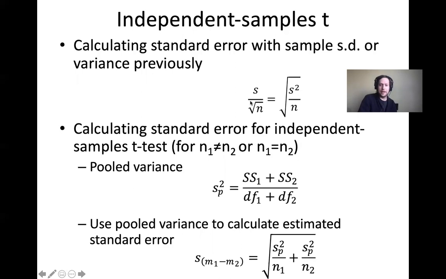These are just mathematically equivalent statements. You get the same answer. These two things give you the exact same number when you plug in different numbers. You plug in the standard deviation divided by the square root of n, that gives you the same number as taking variance divided by n and then taking the square root of that number.